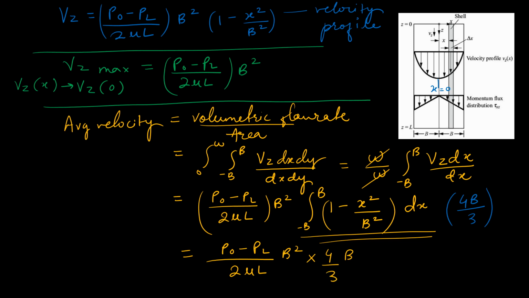So if you want to solve this, it becomes x minus x cube upon 3b square, taking limits minus b to b.